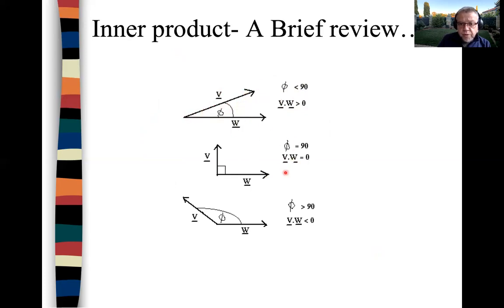As opposed to if the dot product is 0, they're perpendicular to each other. If the dot product is negative, that means they are far from each other, okay? And this cosine measure can be used as a similarity between two vectors.